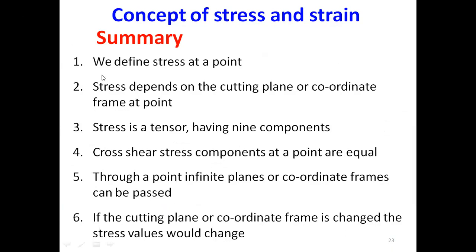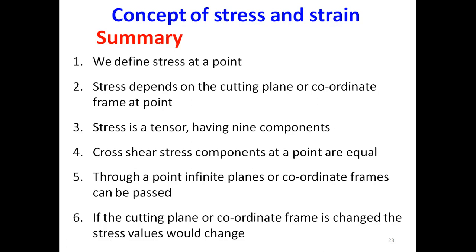So, a summary of what we have discussed: we define stress at a point within the material. Second, stress depends on the cutting plane or coordinate frame at a point. So if we change the coordinate frame or cutting plane, the value of the stress would change. Stress is a tensor. It has 9 components. In the general state of stress, all of the components would appear.